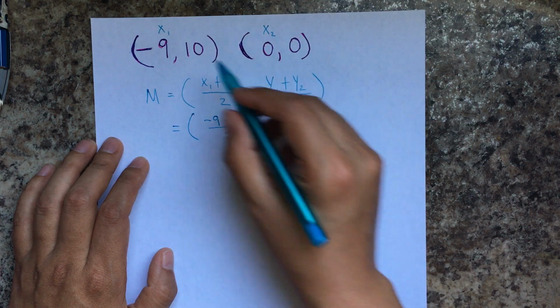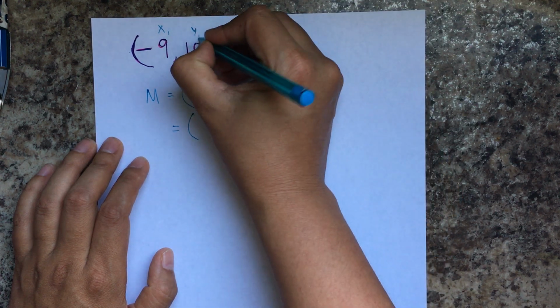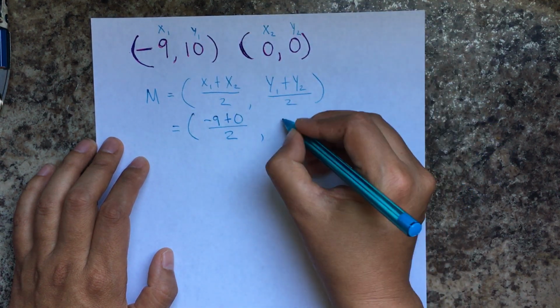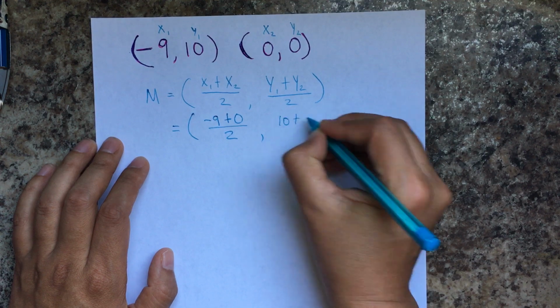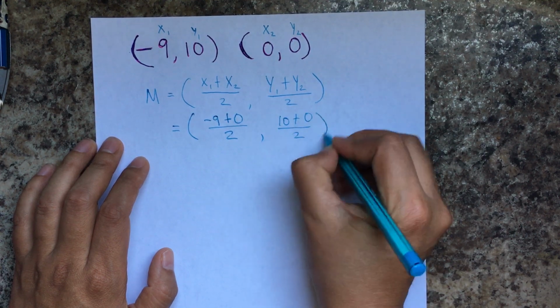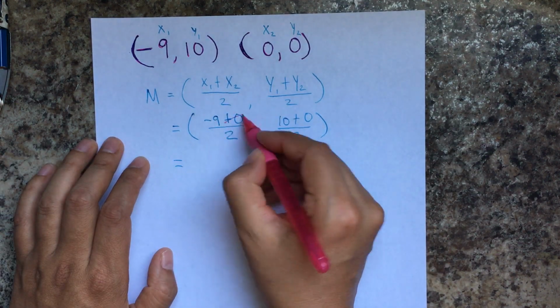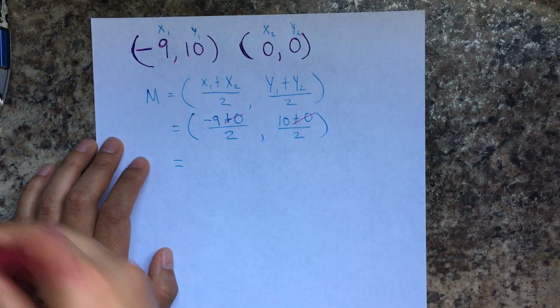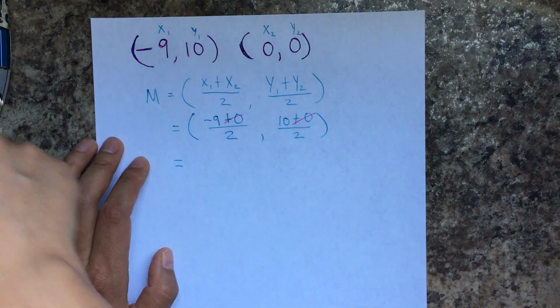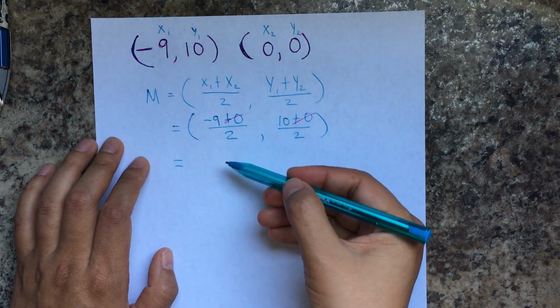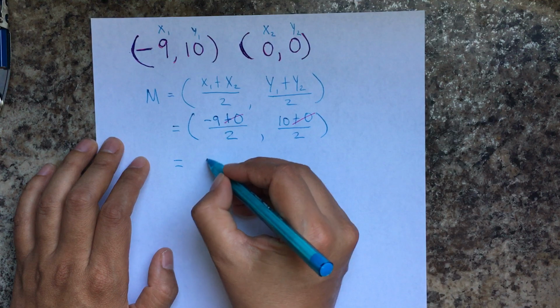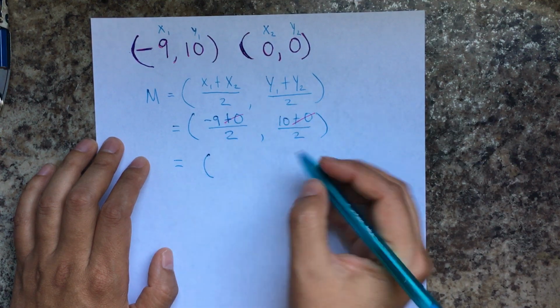And my y1 and y2, which is 10 plus 0 divided by 2. Now in here you can go ahead and directly eliminate this. When you add or subtract 0 from anything, it's just the number. If you want, you can just put negative 9 over 2, or go ahead and leave it as the answer.